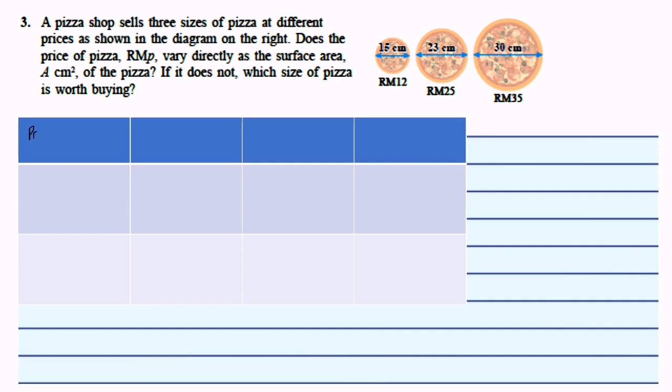Price P. So the first pizza is 12 ringgit, second pizza 25 ringgit, third pizza 35 ringgit. And surface area of the pizza.